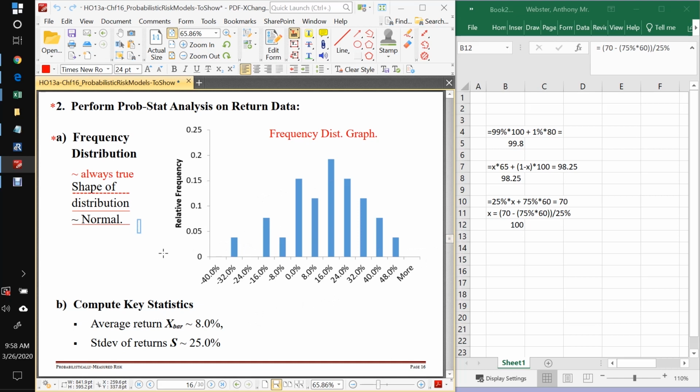So once we say that, we can go ahead and numerically compute our key statistics for the historical data. I've gone ahead and done that, and I found our average return. X bar is, of course, for our sample data. Our average return was about 8%, and our sample standard deviation, once again, was about 25%.